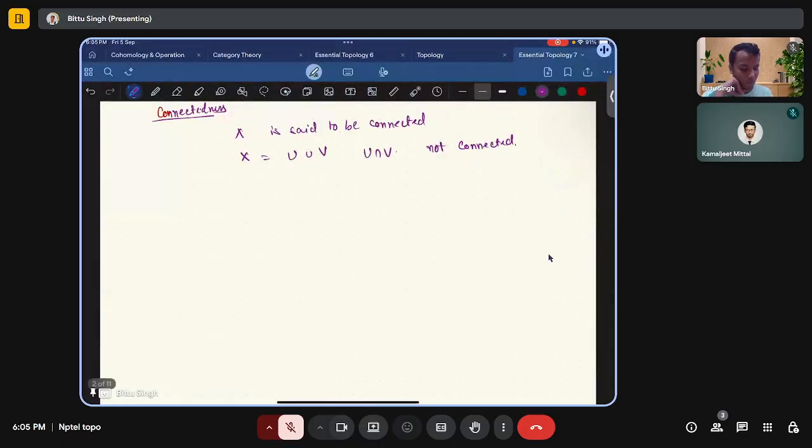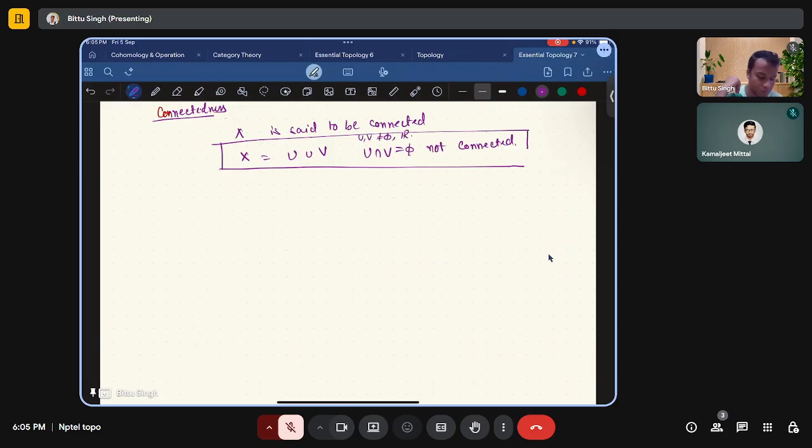So X is said to be connected if this is not true. That is, X can be written as a disjoint union of two open sets U, V that are non-empty, not equal to X. If this is not true, X is connected.